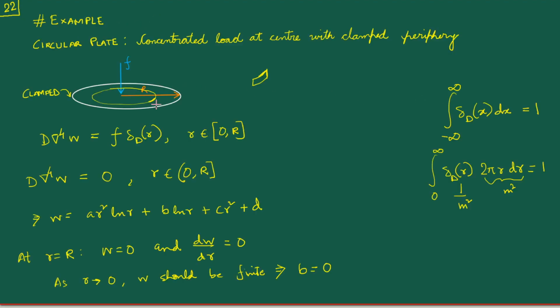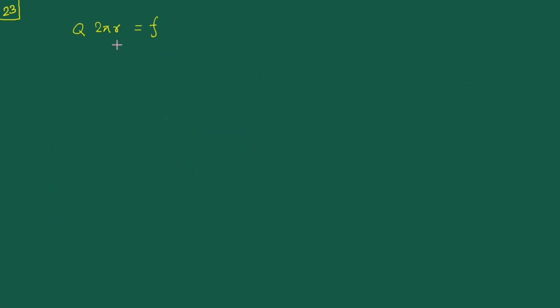What I want to write here is that Q times twice pi r should be equal to F. So this Q is acting all around this periphery which has the radius of r, so that length is twice pi r, and no matter what radius of this periphery I take, this should be true. The condition that I have just written down here, Q times twice pi r, should be equal to F.